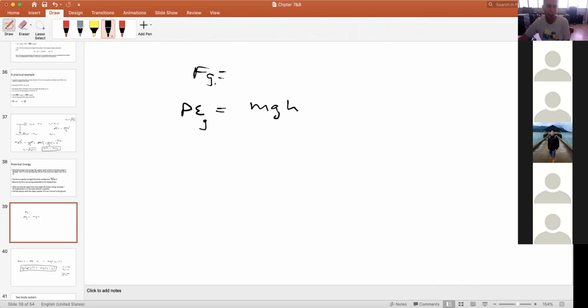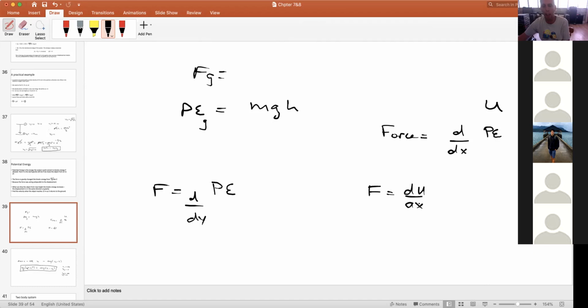Well, if we want the potential energy and the force, how are they related? It is the derivative. I should actually probably call it the total since we only have one, d/dy or d/dx. So the force is actually the position derivative of the potential energy, and they usually put a U for potential energy. So we say that F is dU/dx, if you've ever seen that. The change in potential energy with respect to x is the force.